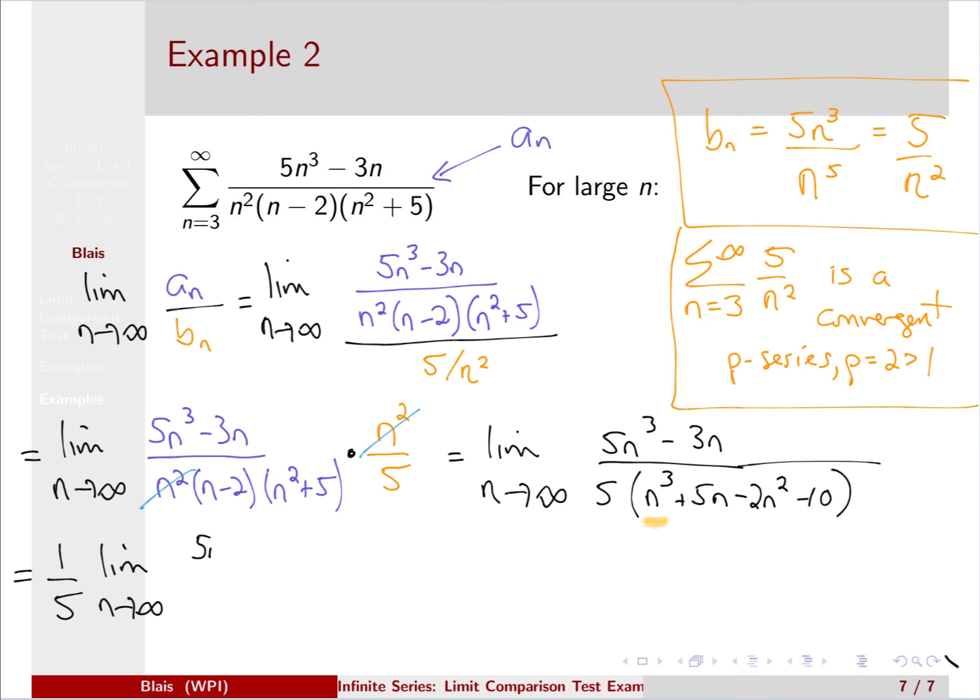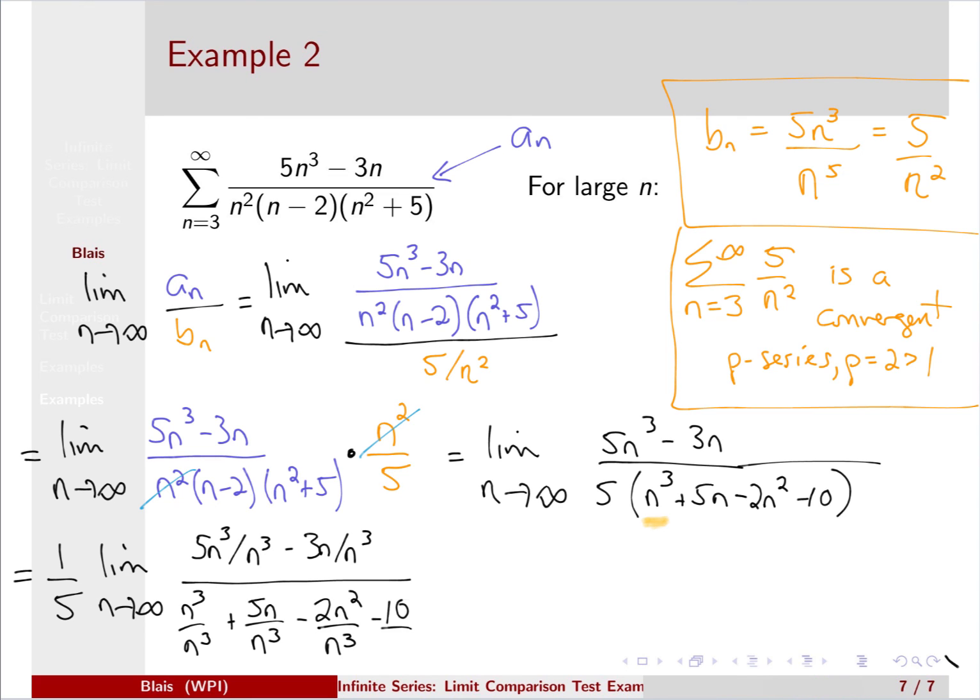So we have 5n cubed over n cubed minus 3n over n cubed in the numerator, divided by n cubed over n cubed plus 5n over n cubed minus 2n squared over n cubed minus 10 over n cubed in the denominator. We simplify.